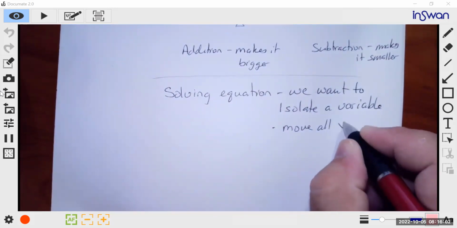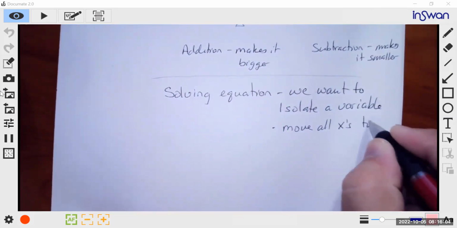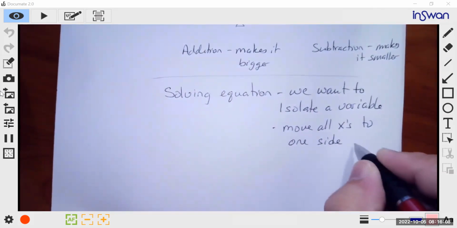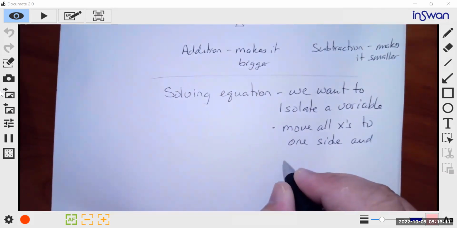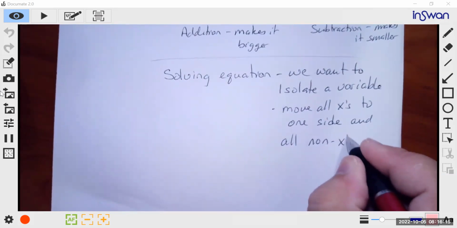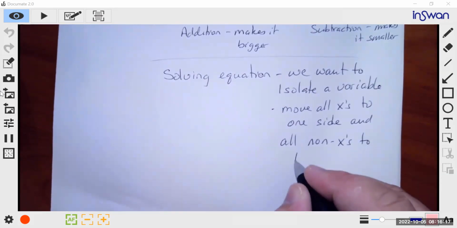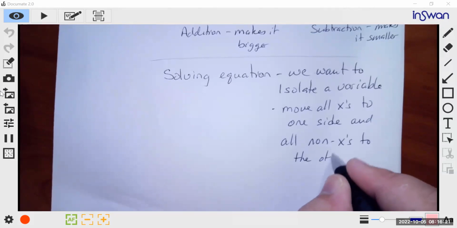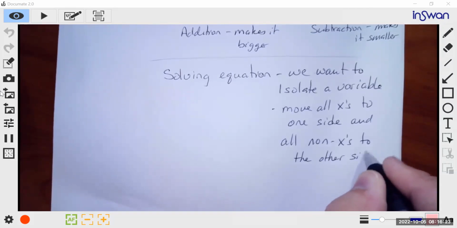Move all, I'll call them x's, to one side and all non-x's to the other side.